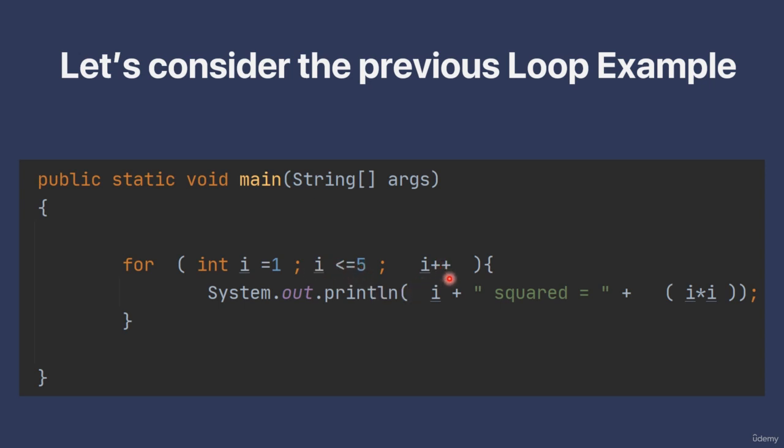The increment is plus plus, which means it is increasing by 1 every iteration. This small program prints out I and its square, and gives a result: 1 squared equal to 1, 2 squared equal to 4, 3 squared, and so on, till 5, and at 6 it will stop. But how does this loop work?